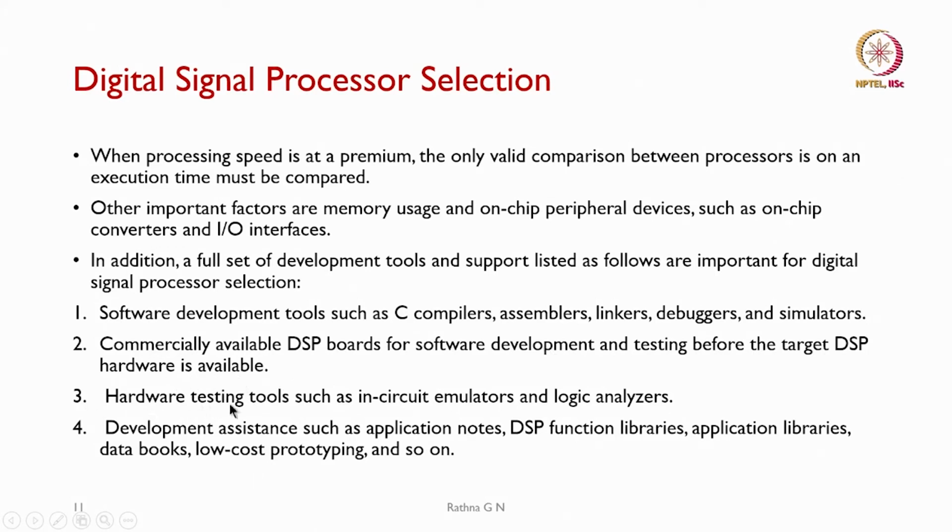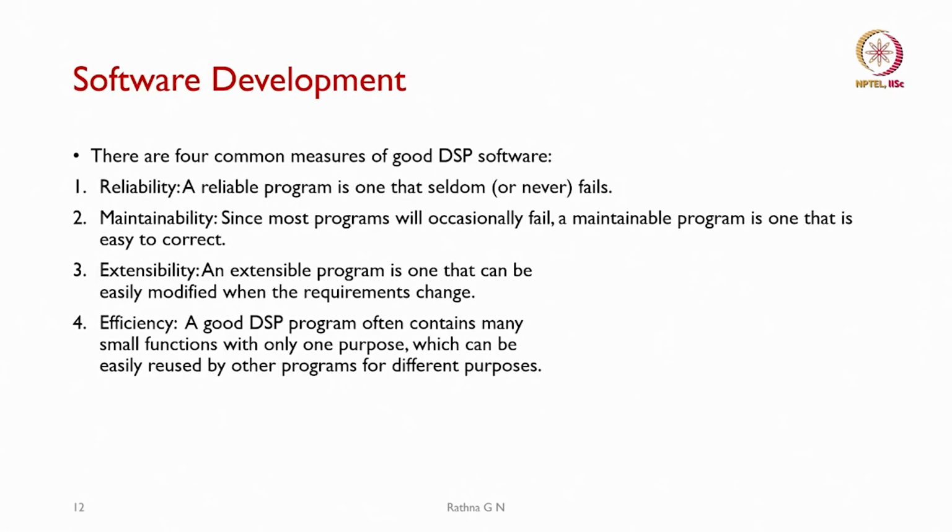The other one is hardware testing tools such as in-circuit emulators and logic analyzers, which should be able to pinpoint where the error is coming from. The other one is development assistance such as application notes, DSP function libraries and application libraries, data books, low cost prototyping and so on, which are the criteria for processor selection.